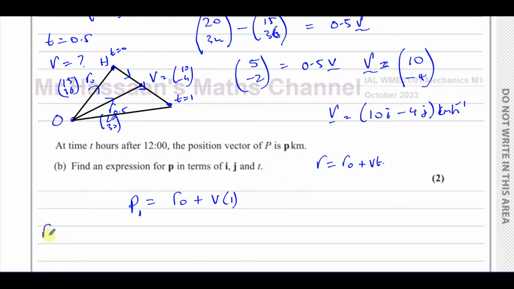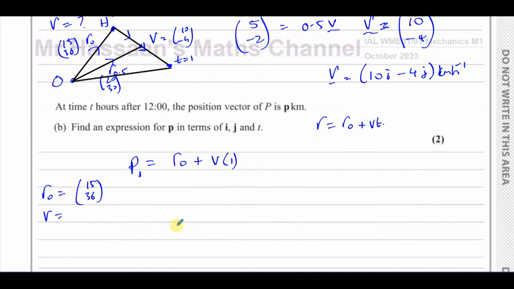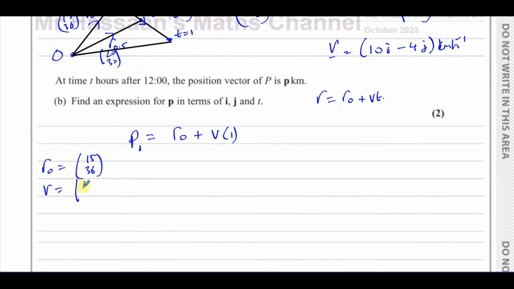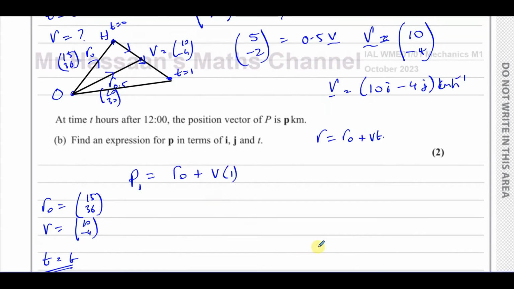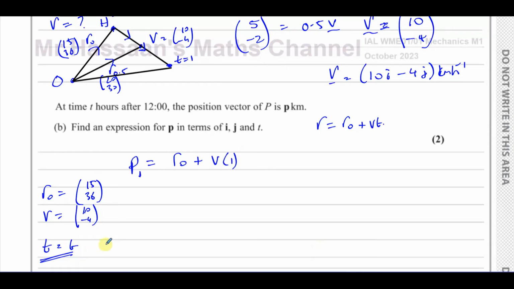We know r0 is where it was when time is 0 in the beginning, which is 15, 36. We found the velocity vector is 10, negative 4. We were told to actually show that, so we already know that as well. And t is just the general value of t.